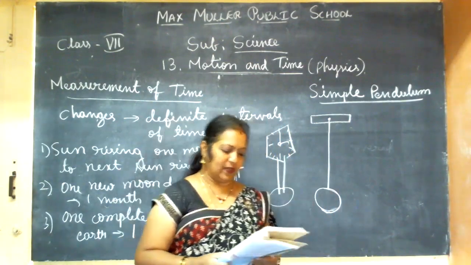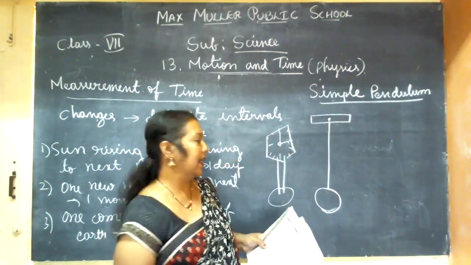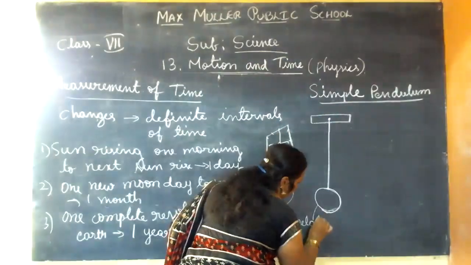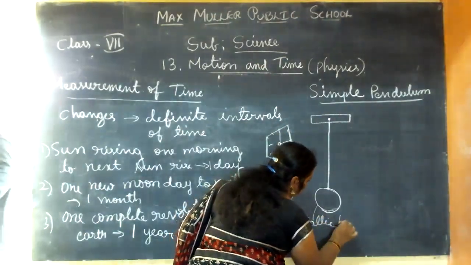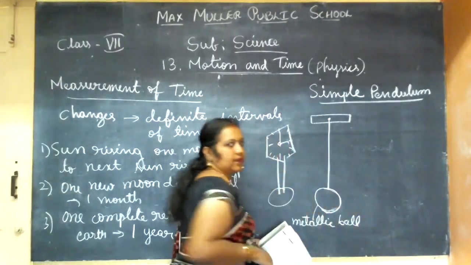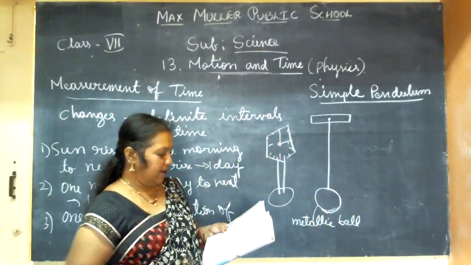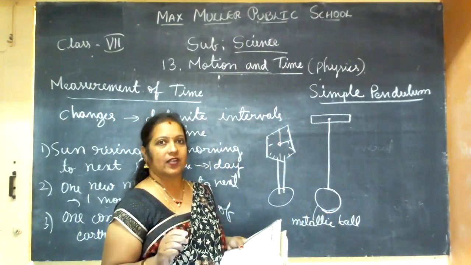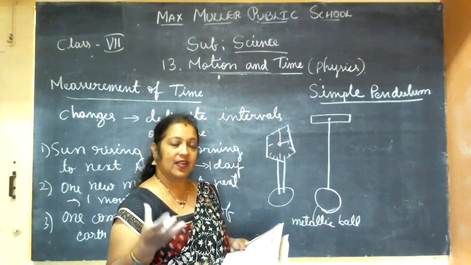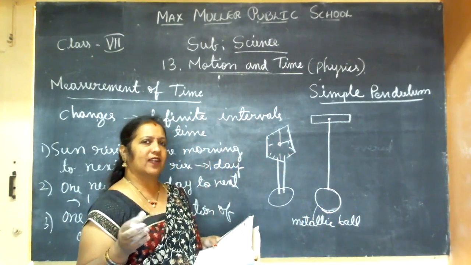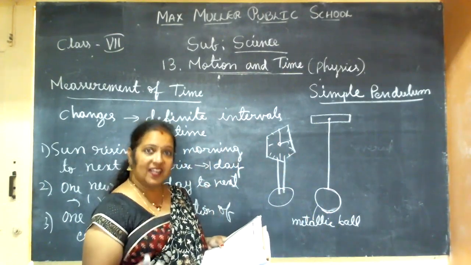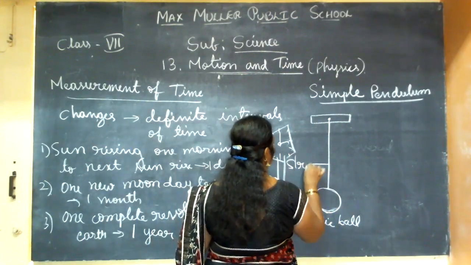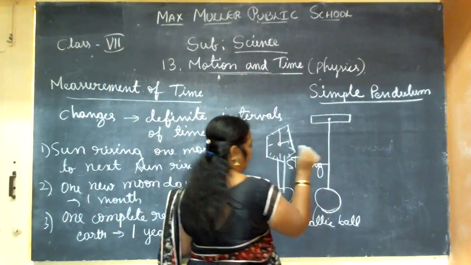A simple pendulum consists of a small metallic ball, or a piece of stone which will be heavy, any object you can take and tie with the string or thread. This thread part they are calling a string.